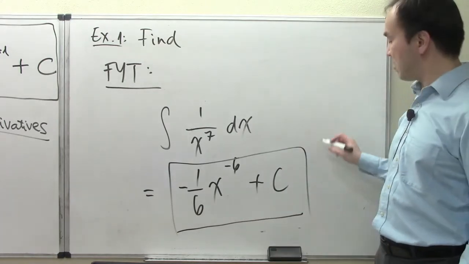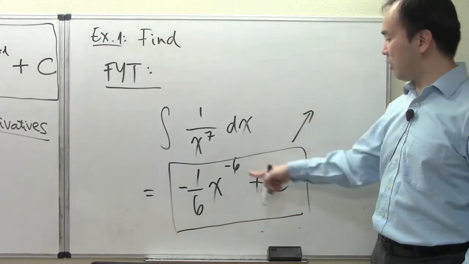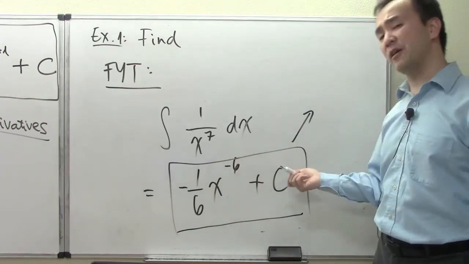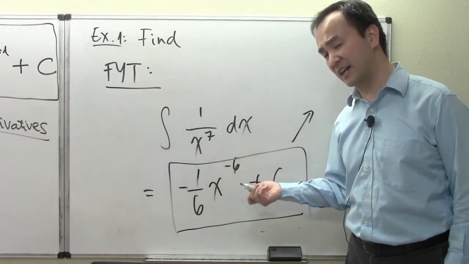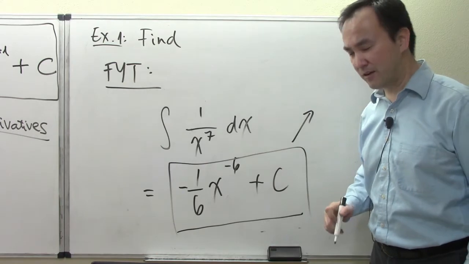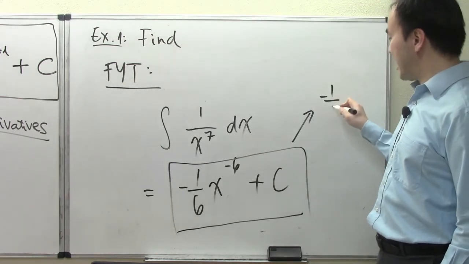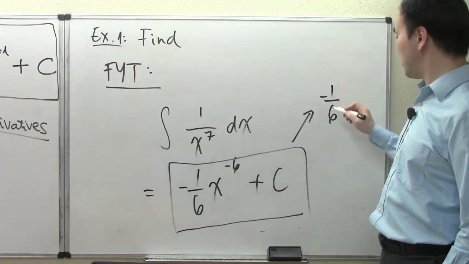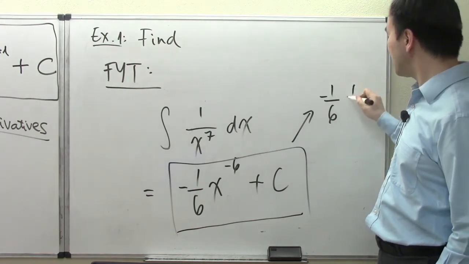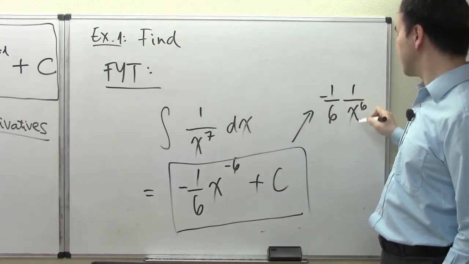Now algebraically you can also rewrite that. I could have also mentioned that back in part B that we have done earlier. So this is the same algebraically as negative 1/6 times 1 over x to the 6 plus c.